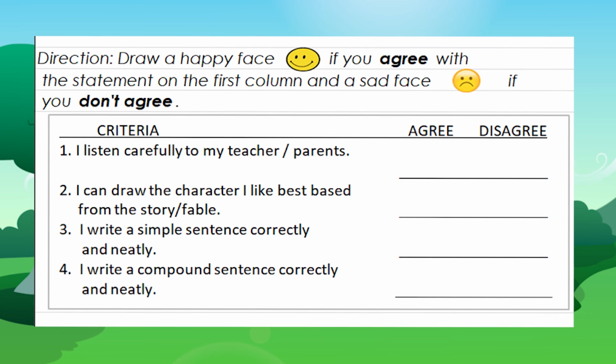Number 3, I write a simple sentence correctly and neatly. Agree? Disagree. Number 4, I write the compound sentence correctly and neatly. Agree? Disagree. How many happy faces did you draw? How many sad faces did you draw? Are there more happy faces than sad faces you drawn?